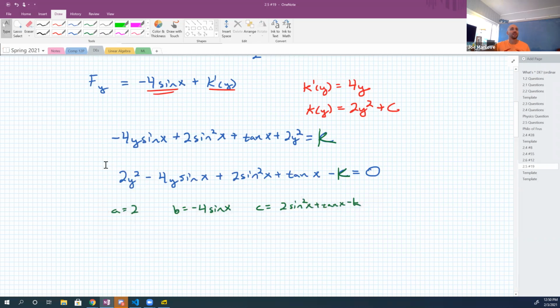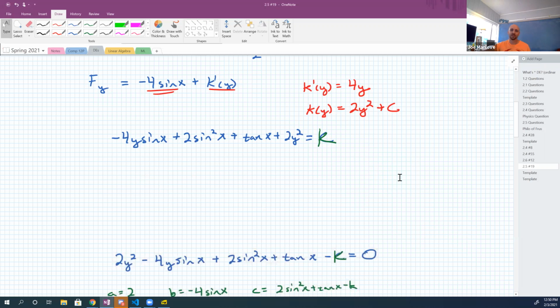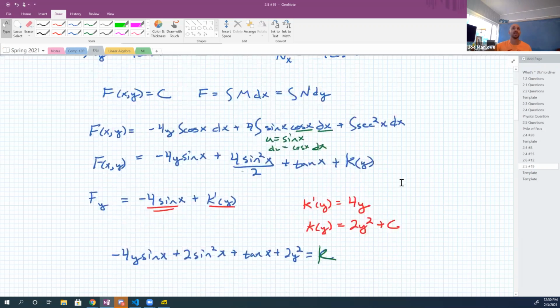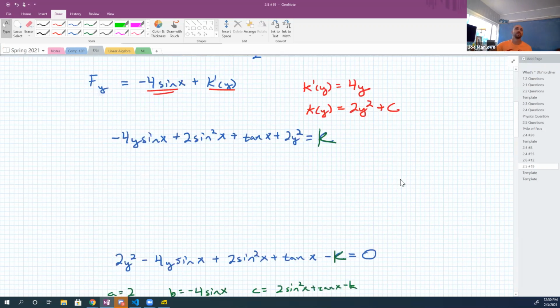Okay, so let me just scoot this stuff down a little bit. And let's plug in our x and y's here. So I'm supposed to get y of pi over 4 is 0. Okay, so when x is pi over 4, y is 0, right?